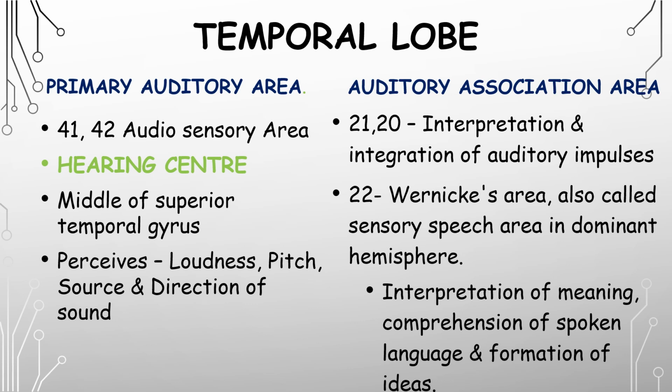So the functions concerned with Wernicke's area are the interpretation of the meaning of what is heard, and also comprehension of the spoken language and formation of ideas that are to be articulated in the speech.